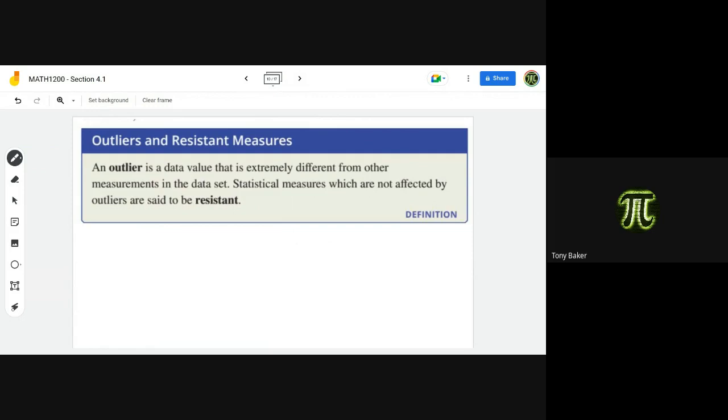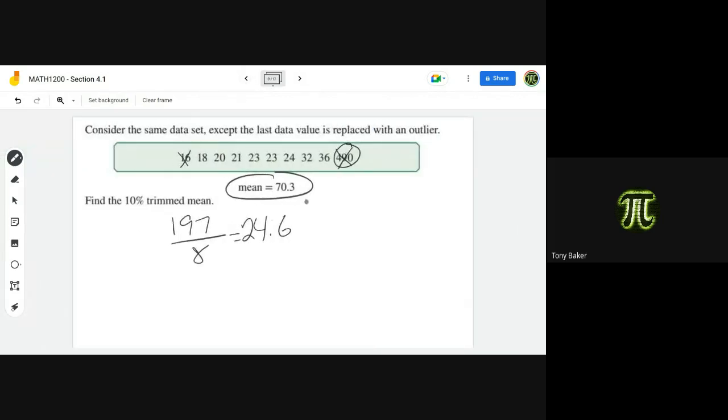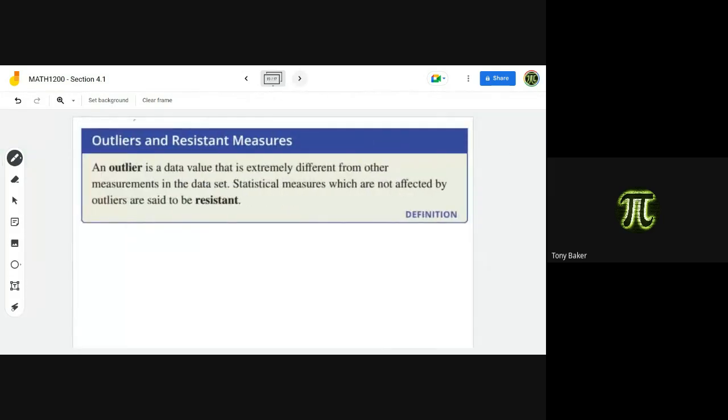However, a trimmed mean is resistant because the outliers can get cut off. Does that make sense? By cutting off that value, this was affected by that 490, but the trimmed mean was not. Okay. So it's unaffected, or not as greatly affected.